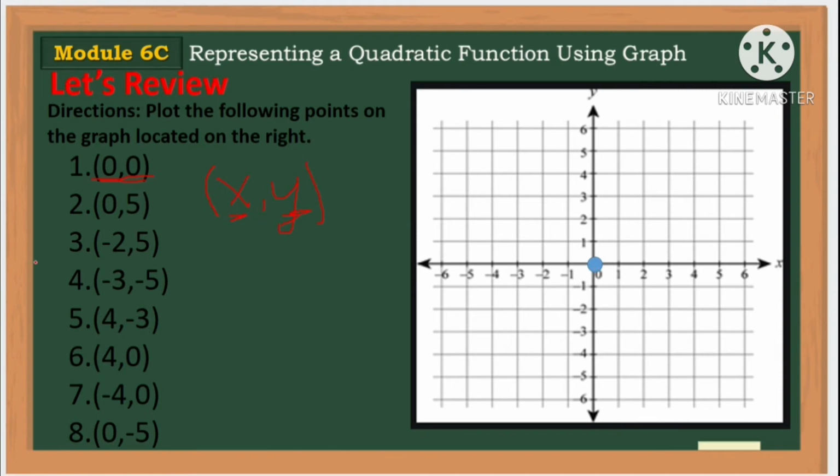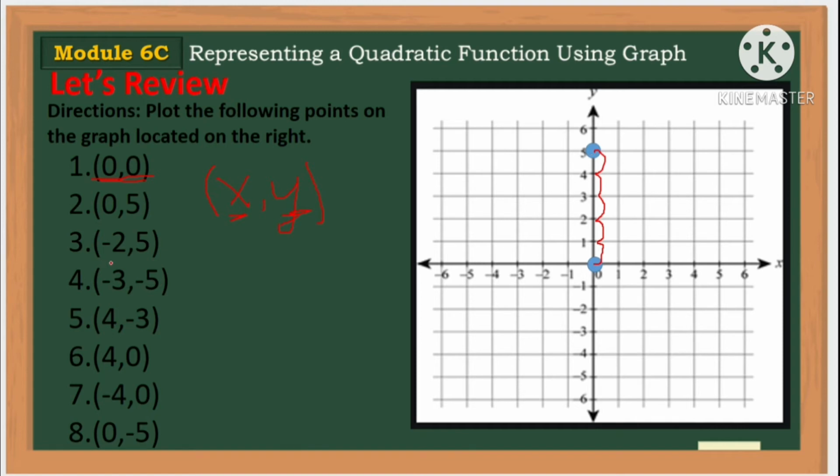Okay? Next, for number 2, 0, 5. Yung x natin ay 0, so hindi nag-move from the origin. Ang y natin ay 5. So we're going to move 5 times. So this is 1, 2, 3, 4, 5. So ang point natin nandito, which is 0, 5.